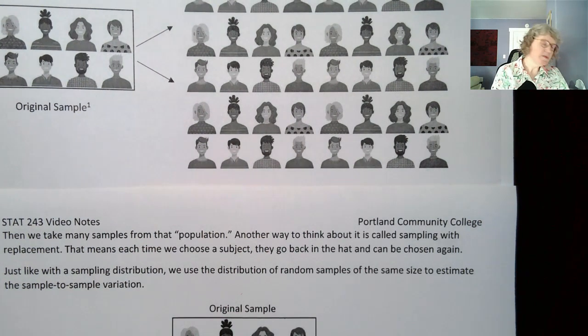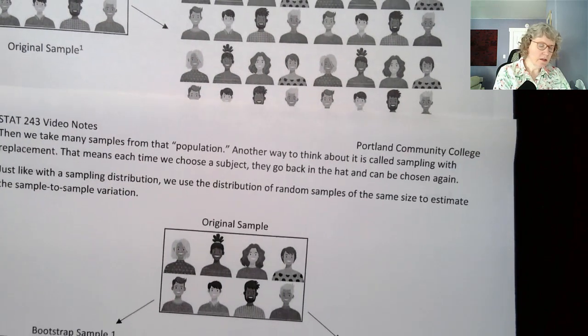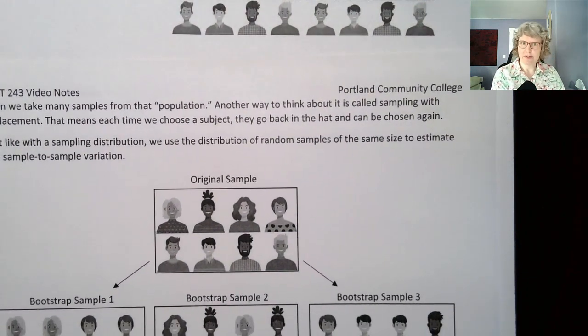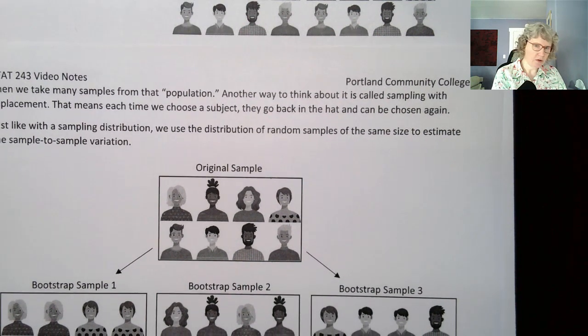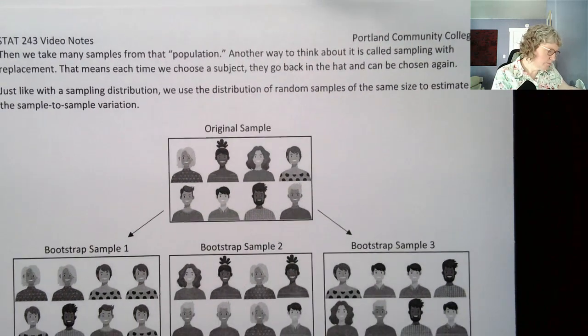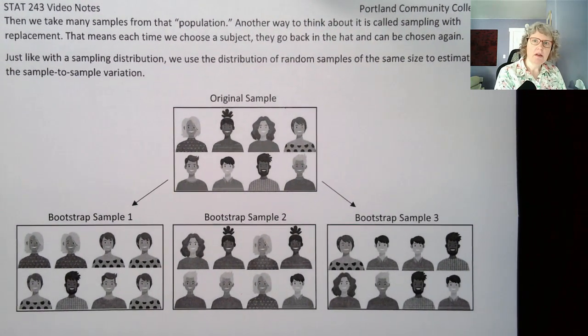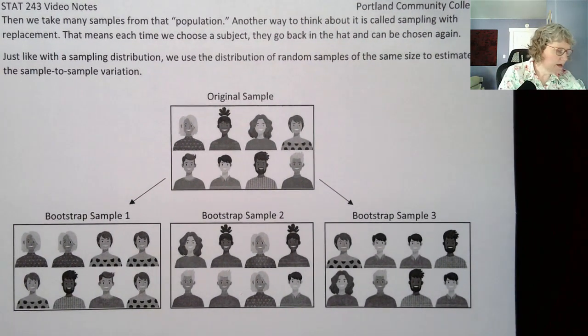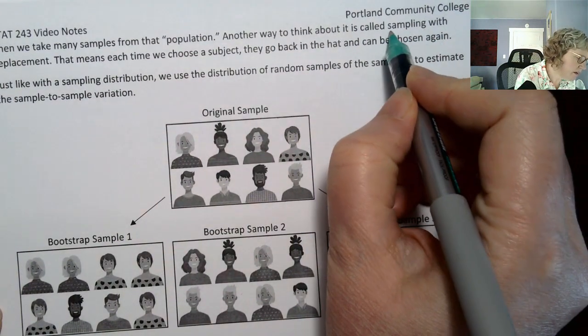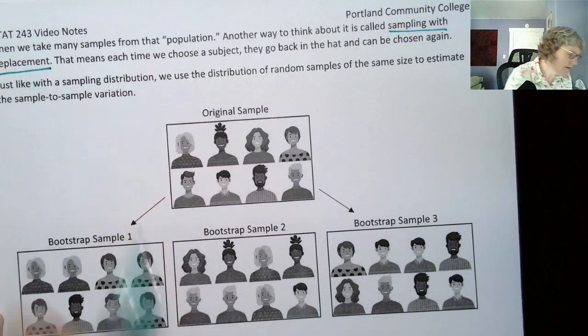And we're going to keep taking samples of 8, but we can't just do the original 8 all the time. It would be the exact same sample. Another way to talk about this is called sampling with replacement.